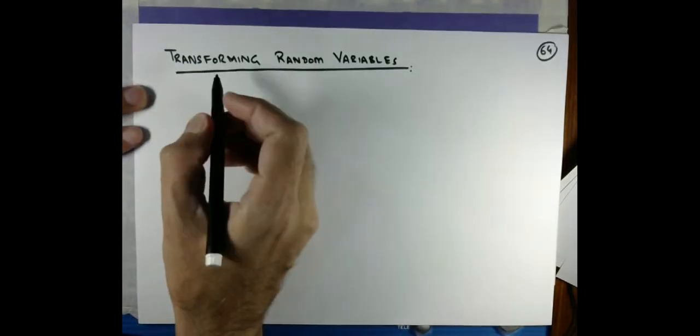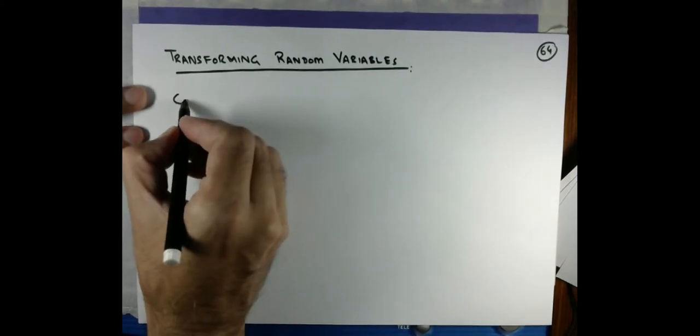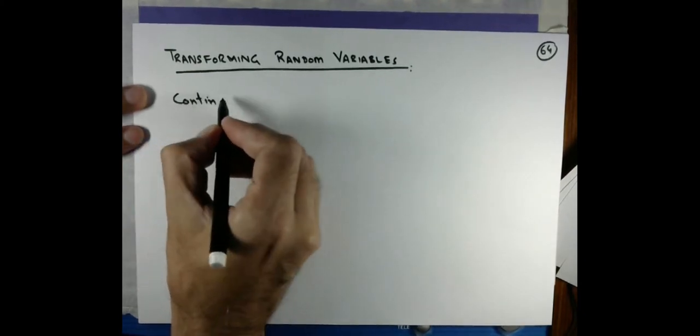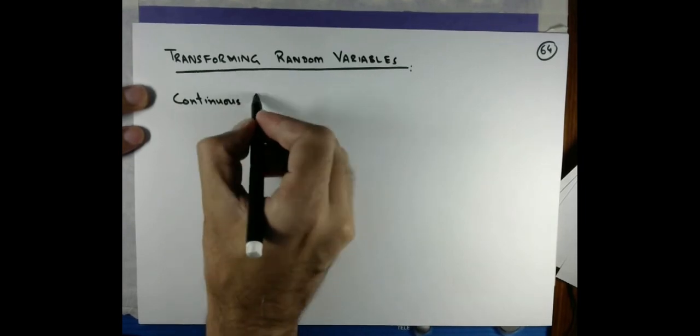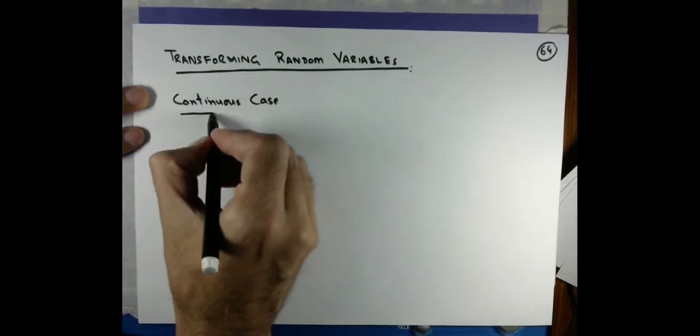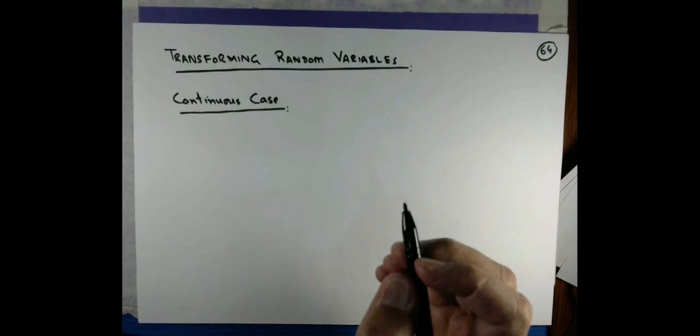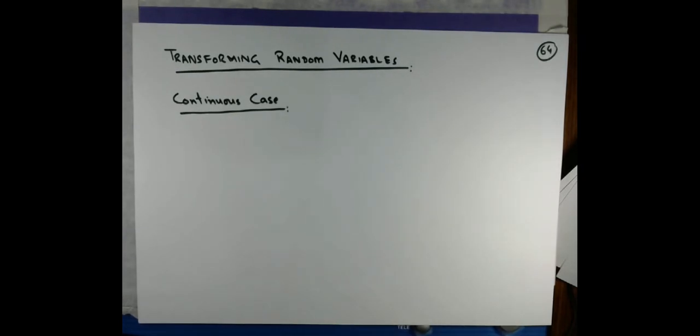In this chapter, we'll discuss only the continuous case, which means you have a parent random variable or a source random variable x, and you apply some functional form g on the source random variable x, and you obtain a derived random variable y. So how can you do this if you have the expressions available for x and y and the functional form?